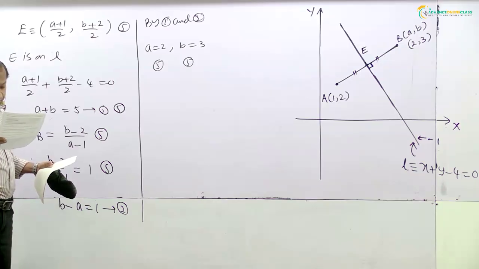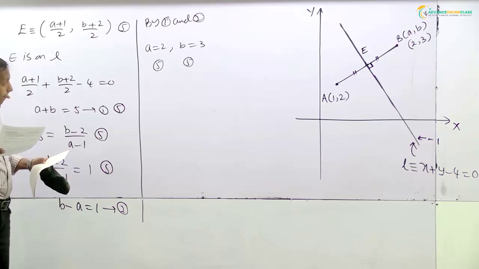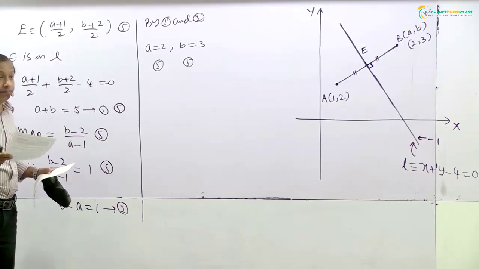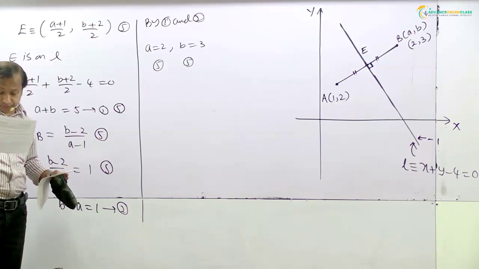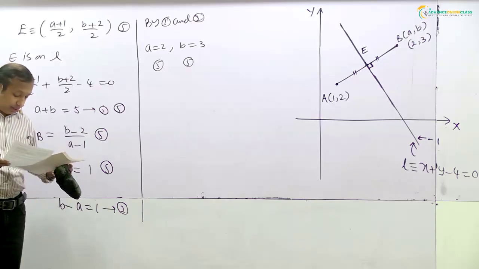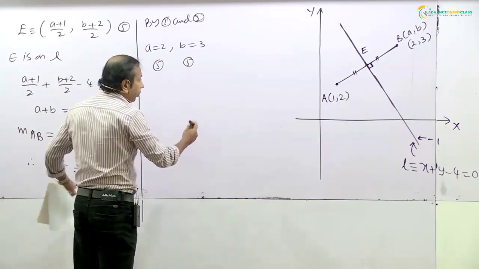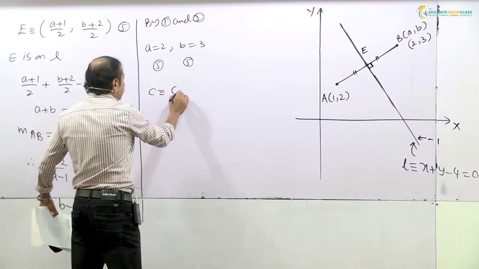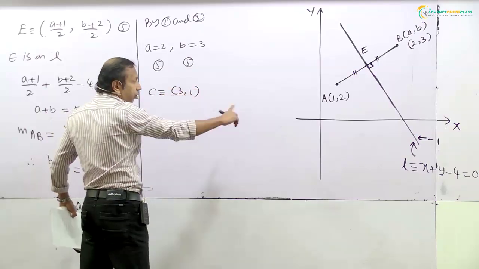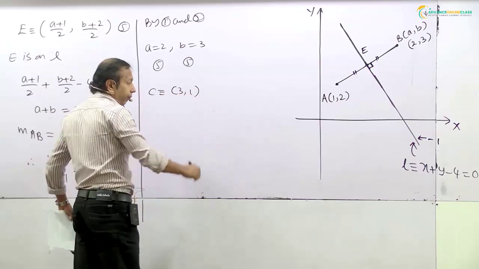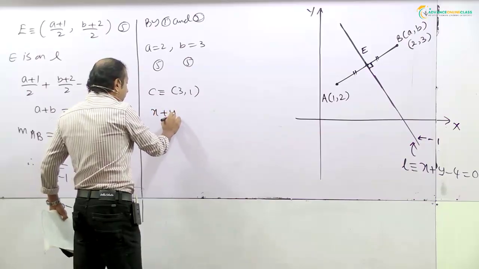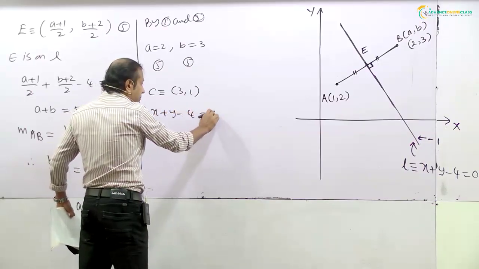Next, C is (3, 1). We are asked to show that C is on the line L. We need to show this C is on the line L: x plus y minus 4 equals 0.